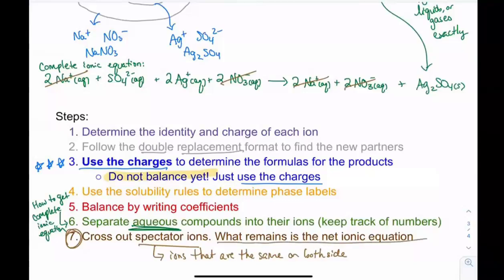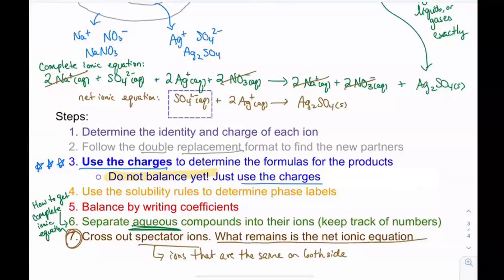What remains is our net ionic equation. So I'm going to copy down the things that changed, the things that were not exactly the same on both sides. If you kept track of the numbers as you went along, you should still have a balanced equation now. So I have 1 sulfate and 2 silver ions create Ag2SO4. So that is the other answer.